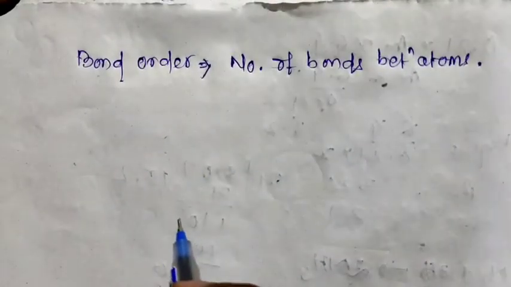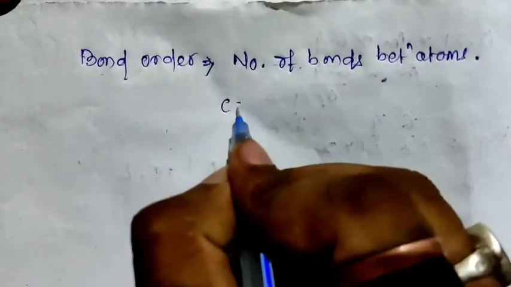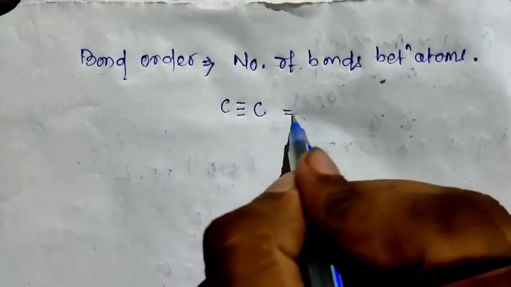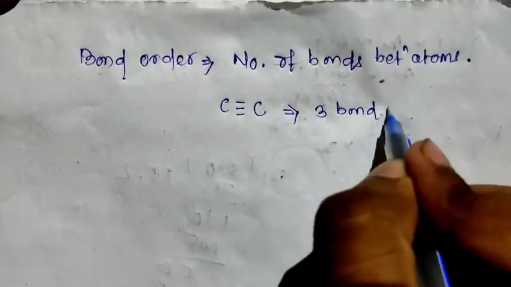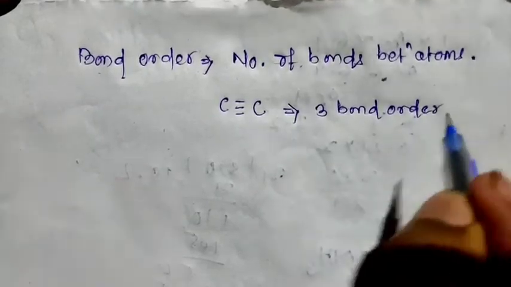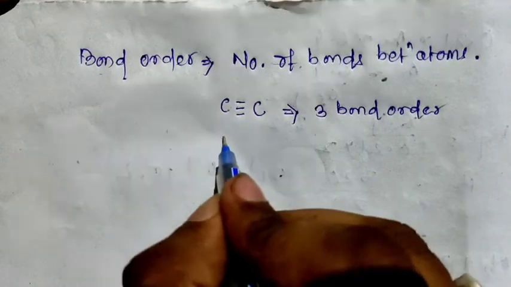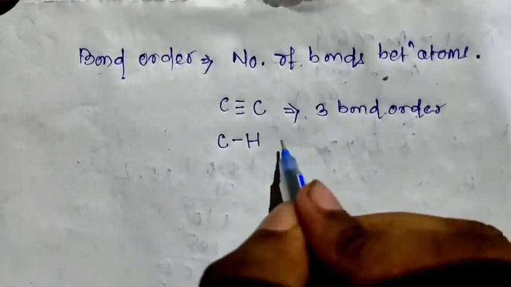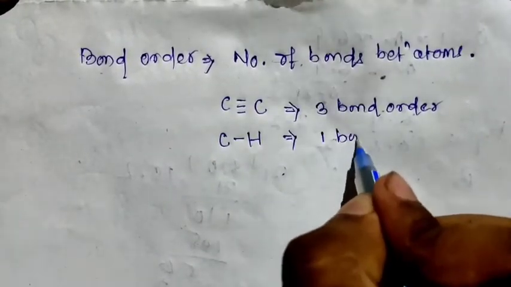Means if two atoms are carbon and they are bonded by 3 bonds, that is carbon triple bond carbon, this molecule has 3 bond order. Similarly, if a molecule has carbon and oxygen and hydrogen with a single bond, then it has 1 bond order.